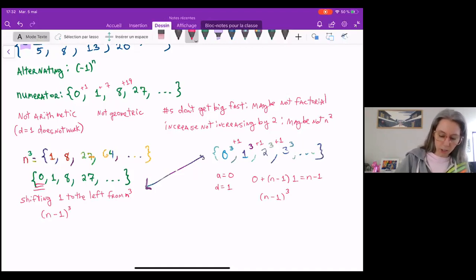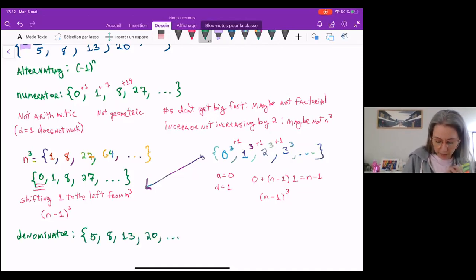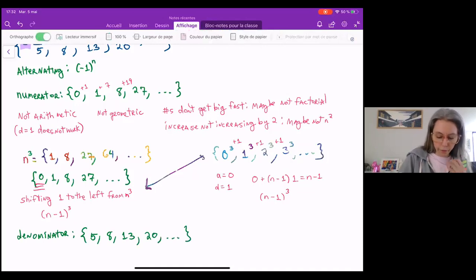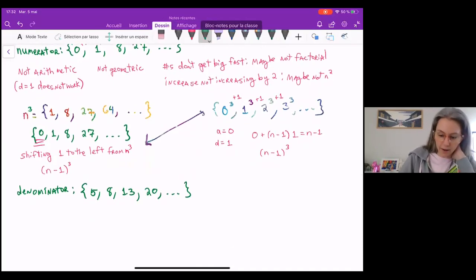All right, now let's look at our denominator. So our denominator is 5, 8, 13, 20, and so on. So first question, is this arithmetic?